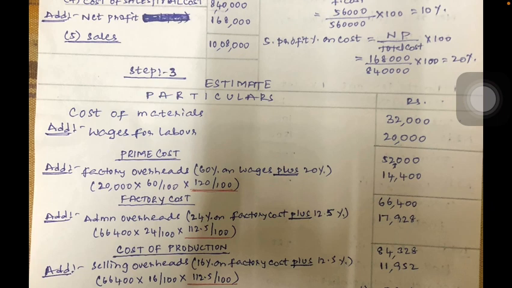In the estimate, we have to take the materials value as given in the second paragraph, which is 32,000. Add wages 20,000, will get prime cost 52,000. Add factory overheads, which is 60% on wages, plus it is mentioned in the third paragraph that it has gone up by 20%. So 20,000 wages into 60% into 120 by 100, increased by 20%, you will get the increased value 14,400, you will get factory cost.